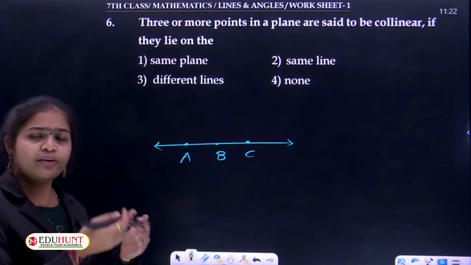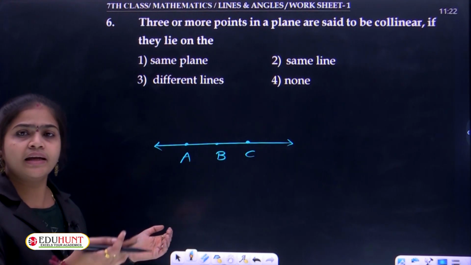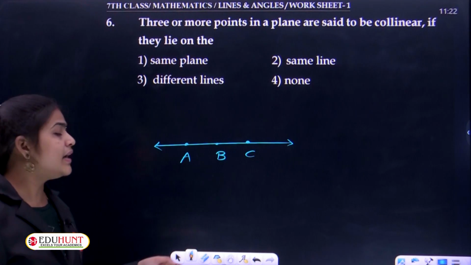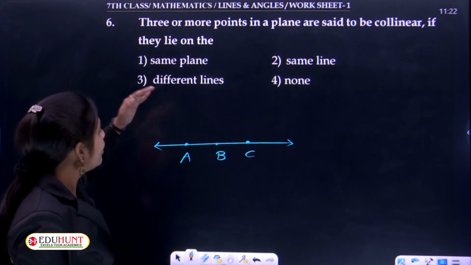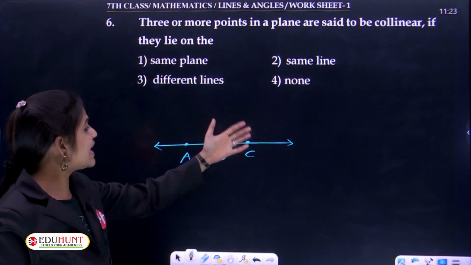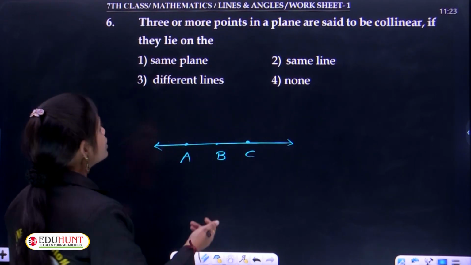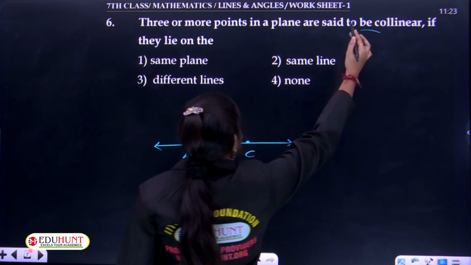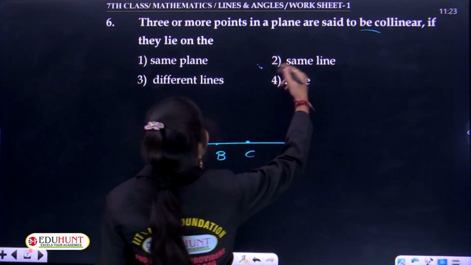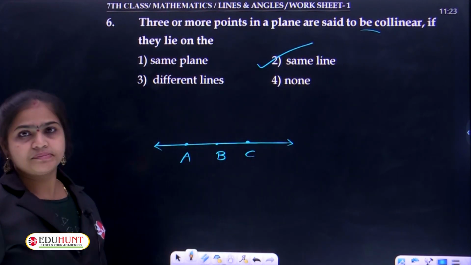In the same plane only we can draw a line, and on that same line we can show the 3 or more points. If 3 or more points lie on the same line, then we call those points collinear points. Understood, ma? Then the answer is: lie on the same line.